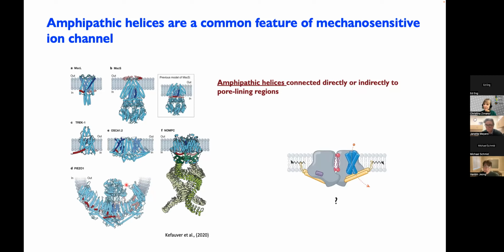So yeah, we just expect that they might work like amphipathic helices in other mechanosensitive ion channels, and they are used for sensing the membrane, and sometimes they are involved in gating ion channels by, I'm not sure, but kind of holding the position on the membrane and moving the position.